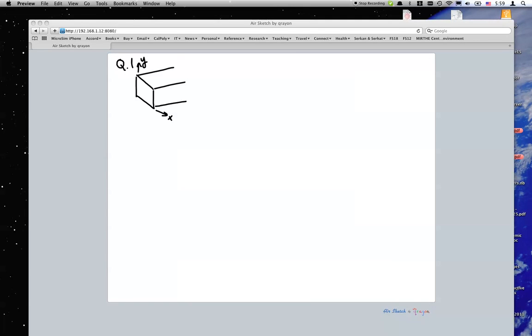So this is x equals 0, and this is, I'm sorry, that last part is x equals 0, and this is x equals a.